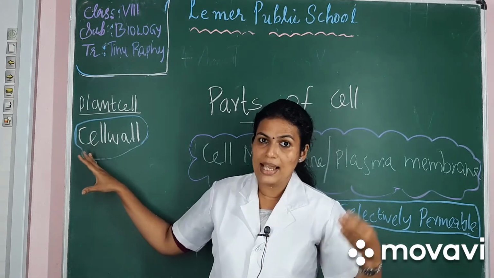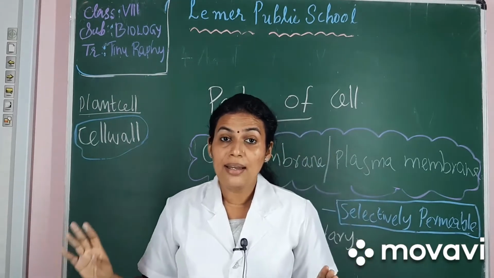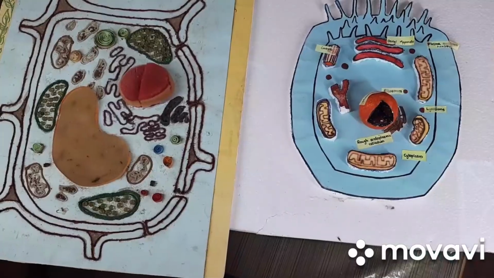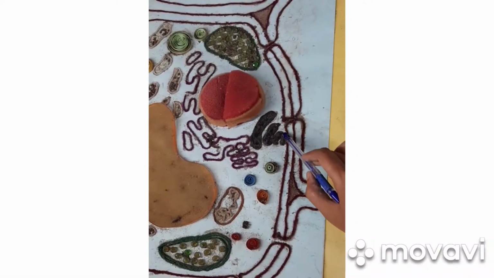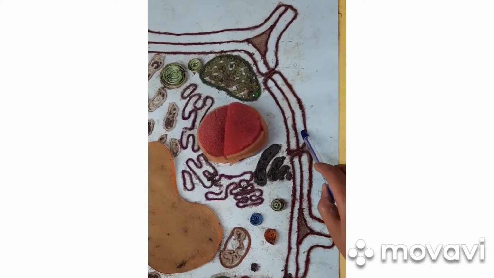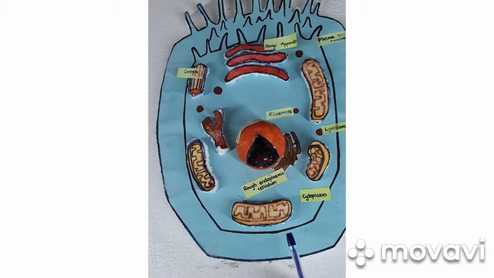Bacterial cells and animal cells, they don't have any cell wall, whereas plant cell is having a cell wall. So here when you observe the plant cell, this innermost layer represents the cell membrane, whereas it is also having a double layered cell wall. Here you see, this is an animal cell.